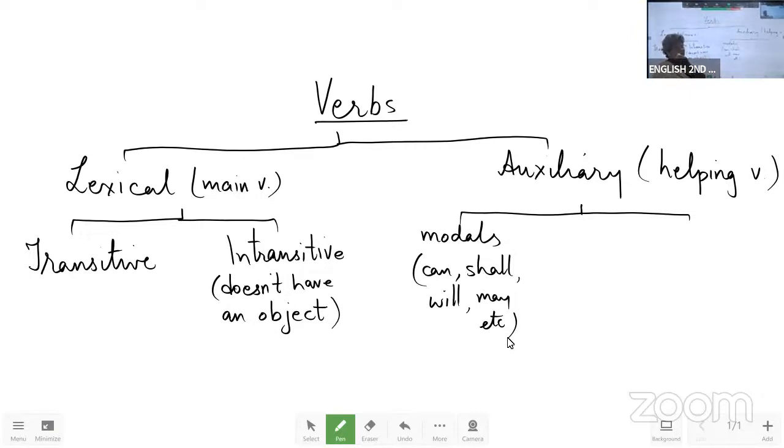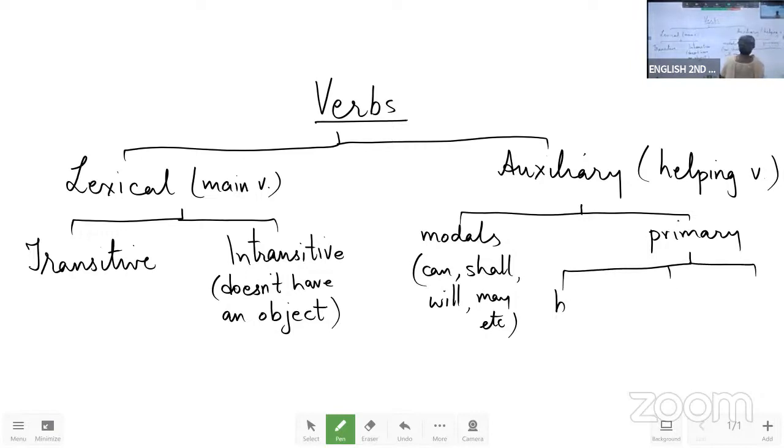So for better understanding, repeatedly in junior classes and senior classes, I'm writing this tree diagram. So modals are can, could, shall, should, will, would, may, might, need, dare, etc. While primary again are of three kinds. They are be form, do form, have form.